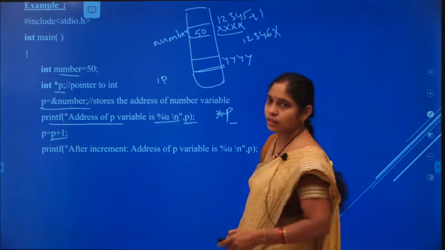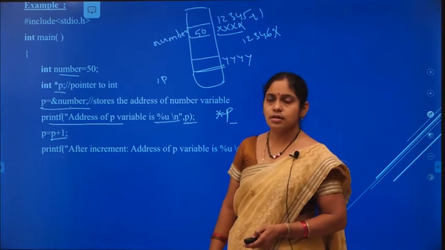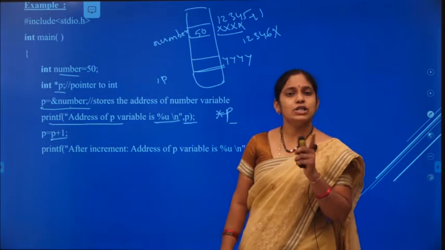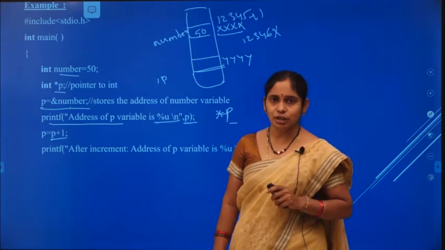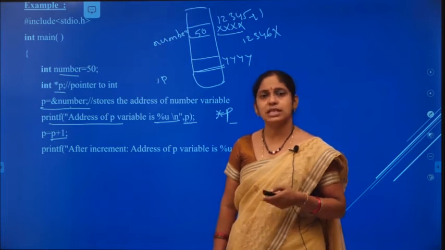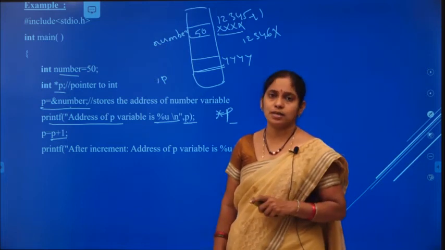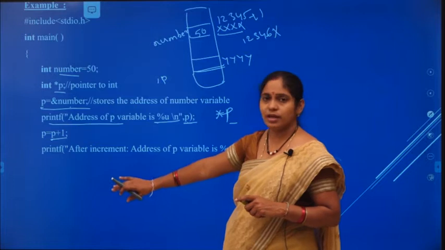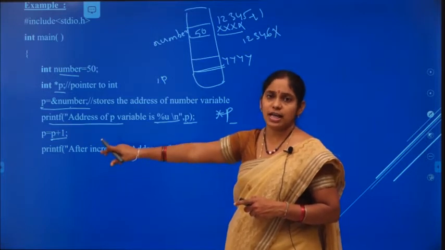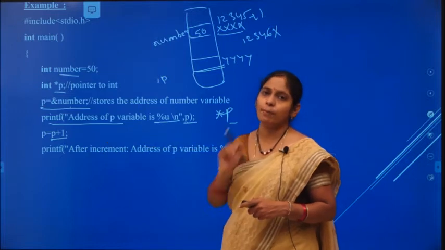No, because we are using an integer pointer. So, the size of an integer, if it is a 32-bit, takes 2 bytes of memory. If it is a 64-bit, it takes 4 bytes. This is the program I executed in a 64-bit processor, so here the integer size is considered as 4 bytes.